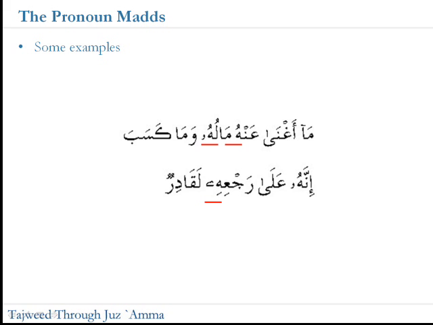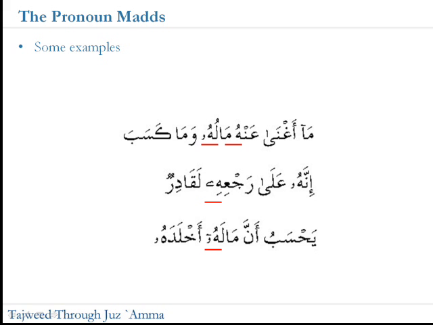Here we have the same sort of situation again. We have raja'ihi, and the ain is voweled and the lam is voweled, so the pronoun "hi" goes to 2 long, and it's indicated by the sign there.